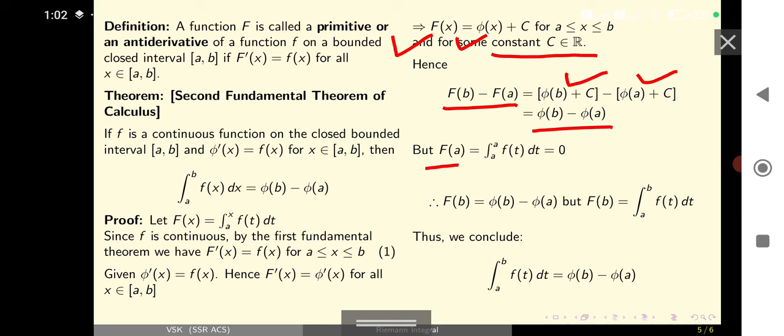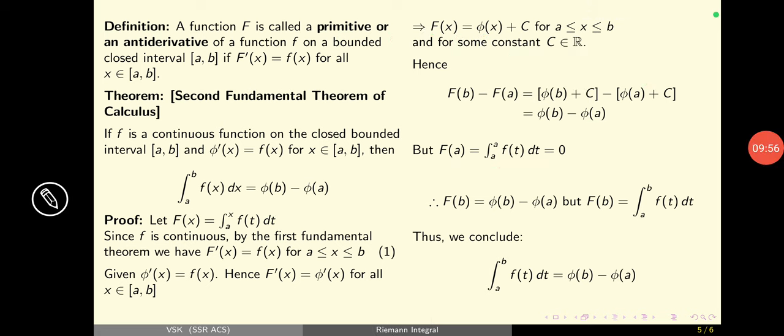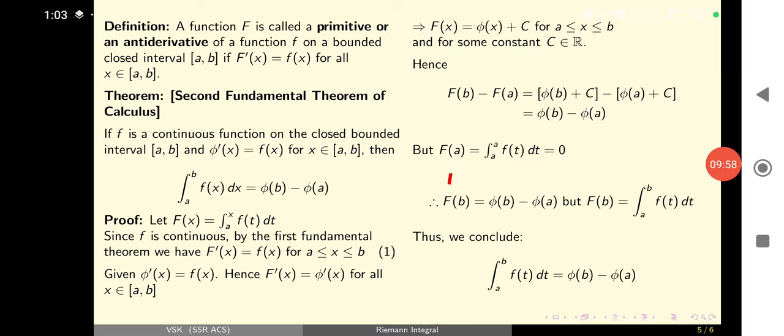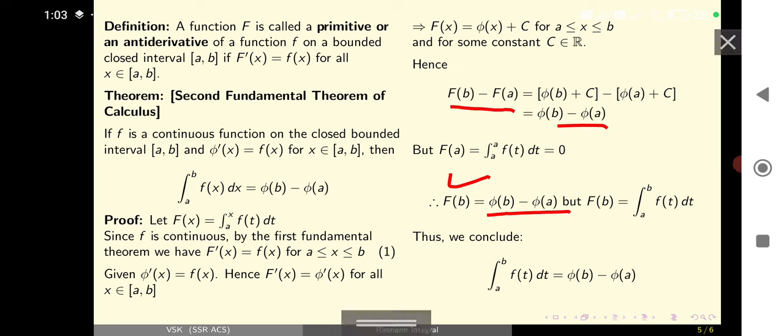But what is the value of F(a)? When we find it from this, it is the integral from a to a of f(t) dt, and its value is 0. Now let us see the value of F(b). The value of F(b) will be phi(b) minus phi(a), because F(a) is 0. But what is the value of F(b) from this relation?